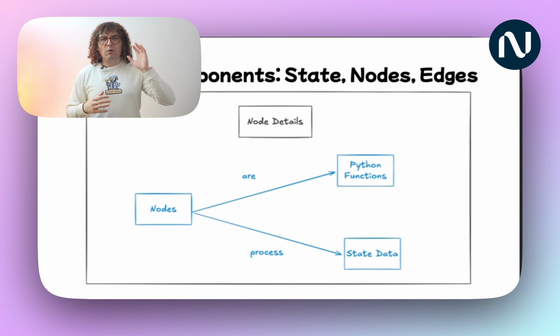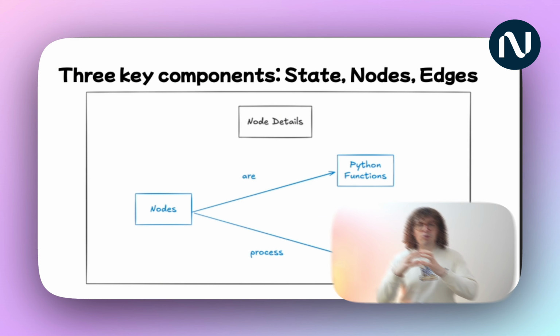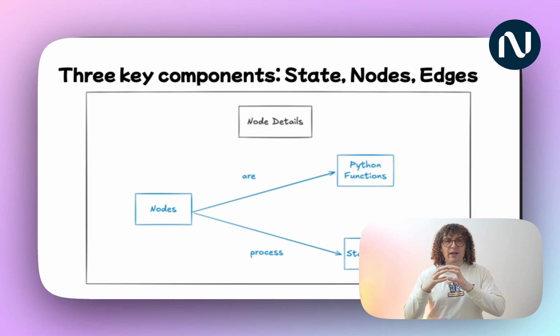Going back to our example of booking a flight, the node will represent, for example, looking for a specific departure time, comparing prices across different websites or airlines, or deciding which credit card should be used for the payment.